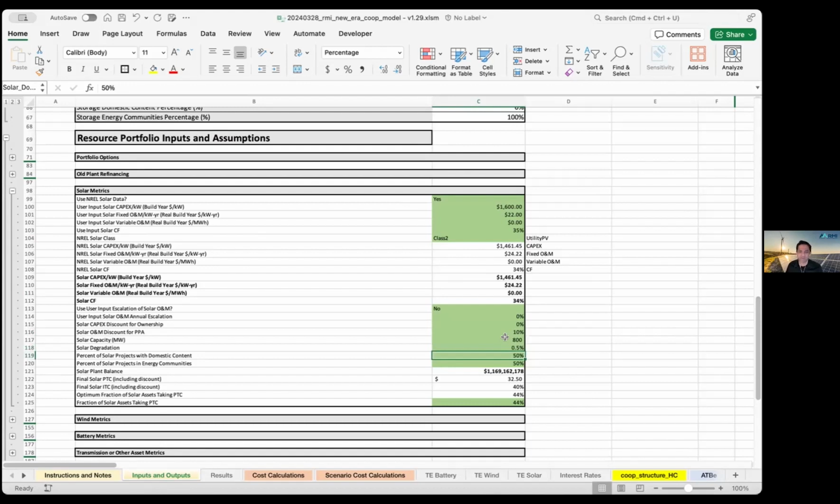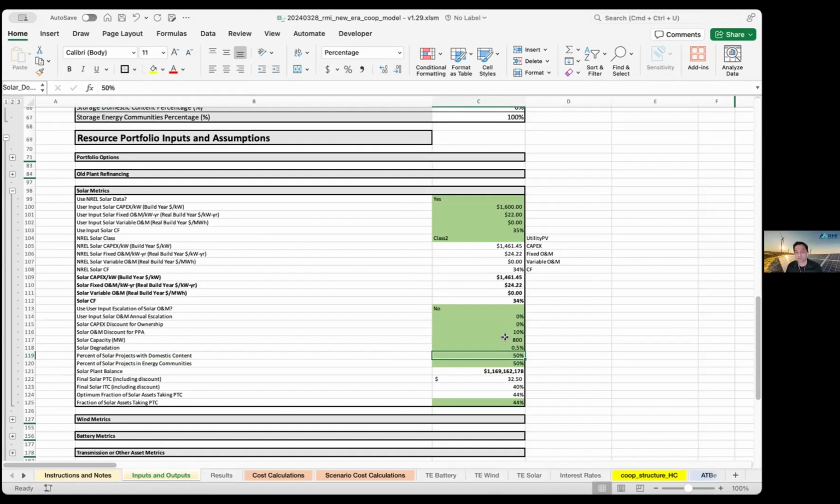The next thing I want to flag is that this is often a really important question as you're considering your potential build options. There are two very important adders for any solar, wind, or battery project that depend on whether the project meets the IRS requirements on domestic content.